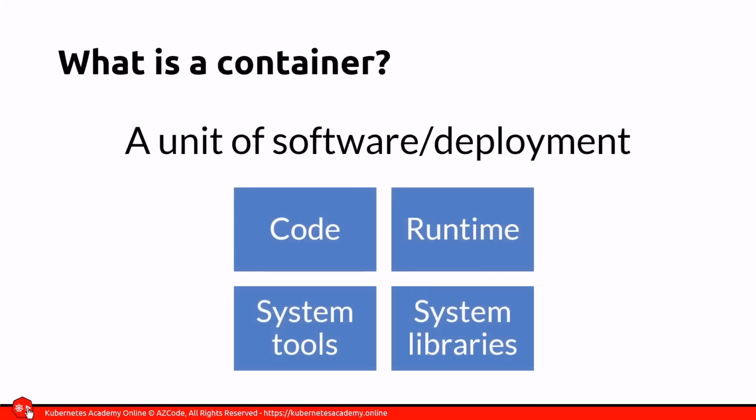So the compiled code, the runtime, system libraries, and the system tools. You take a container, push it on a server, and it should run. Of course, it can have some external dependencies like a database or a cache, but the code deployed in it should run as is.